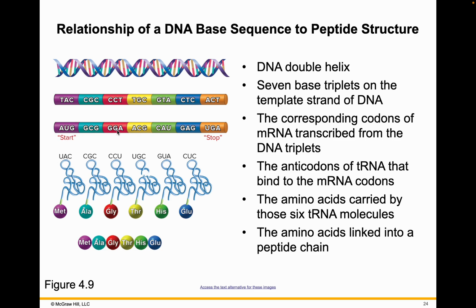Those groups of 3, those codons, will bind to anticodons on the transfer RNA, and on the transfer RNA are the amino acids that are going to be put together, finally giving you the amino acid peptide chain.